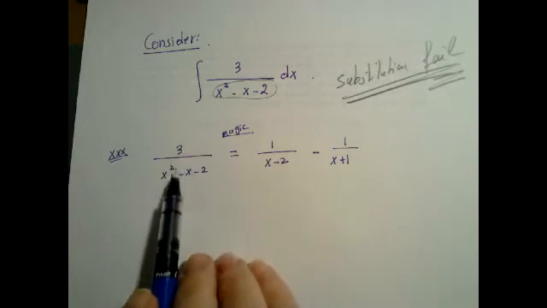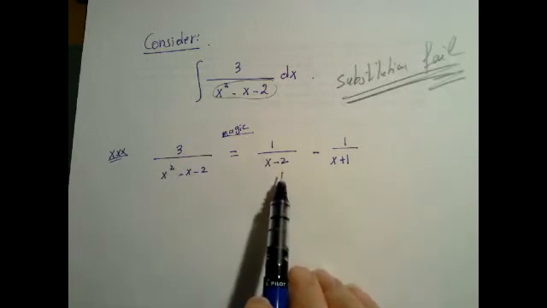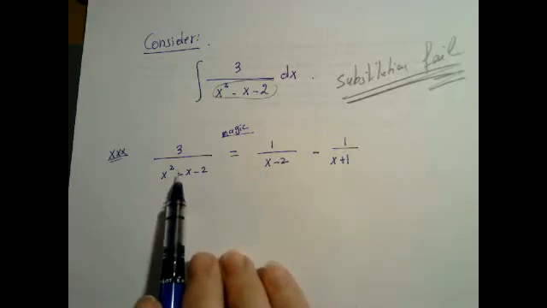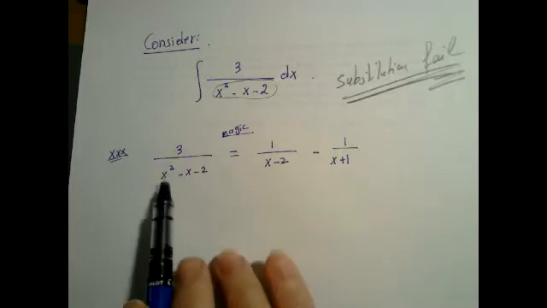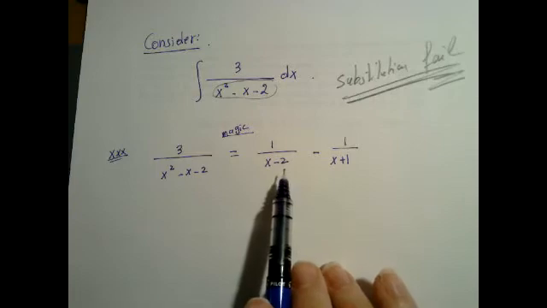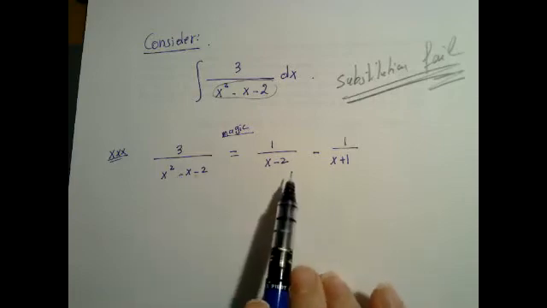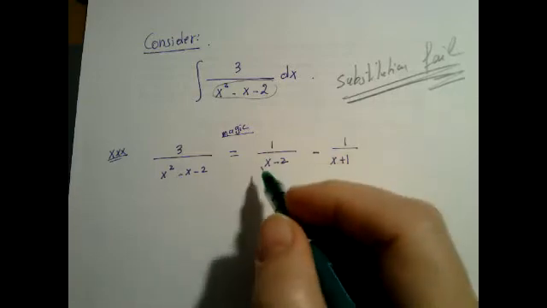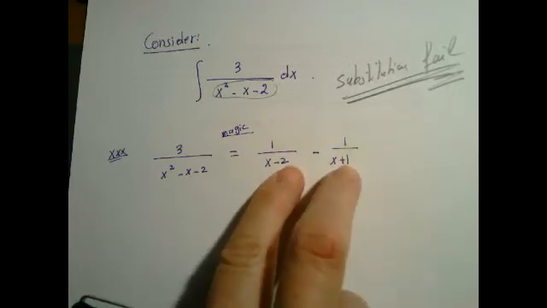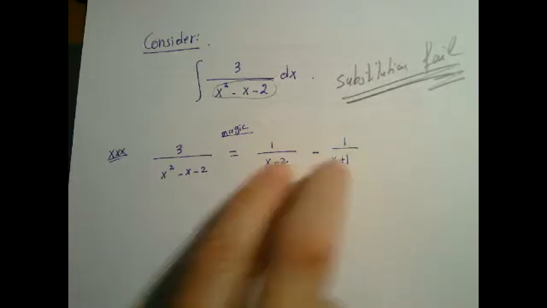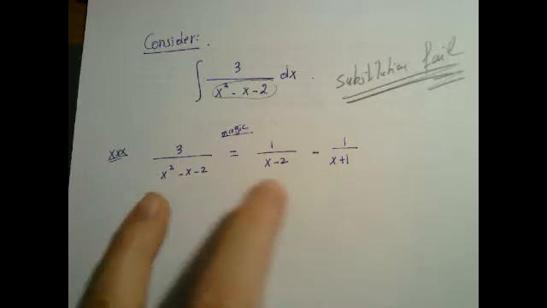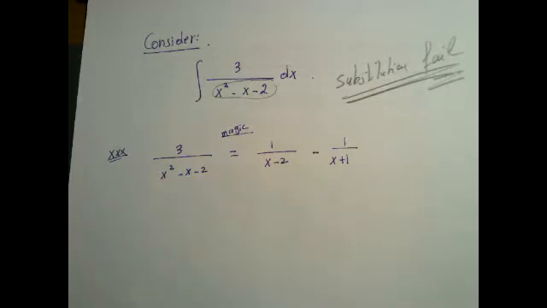What does it mean that this is equal to that? It means the following. If I take the expression on the right and find the common denominator, I should get exactly that. So that's what it means, those two are the same.